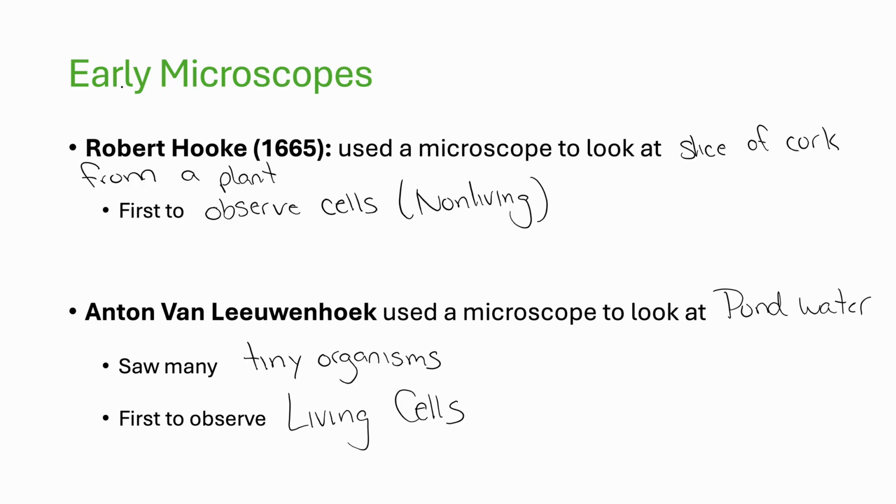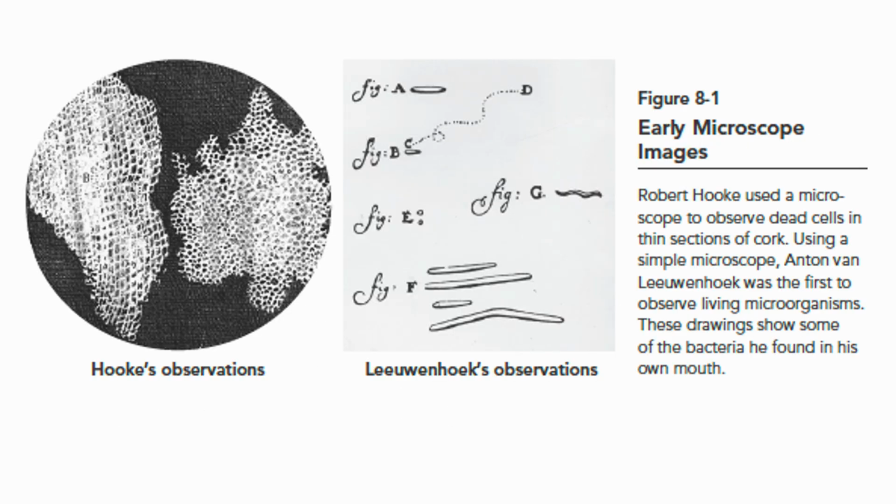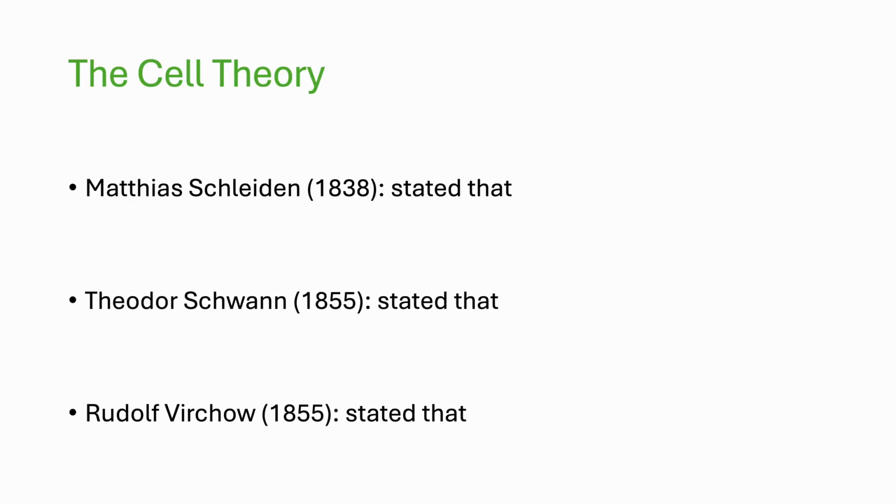So again, now we're starting to build this. We saw regular cells, dead ones. Now we saw living cells. This is what Hooke and Leeuwenhoek looked at. And the picture to the left, that's what it looked like under a microscope. Each one of those little tiny squares is a cell. Now, Leeuwenhoek saw moving things, and this is what he drew, and he called those animalcules as they went through.